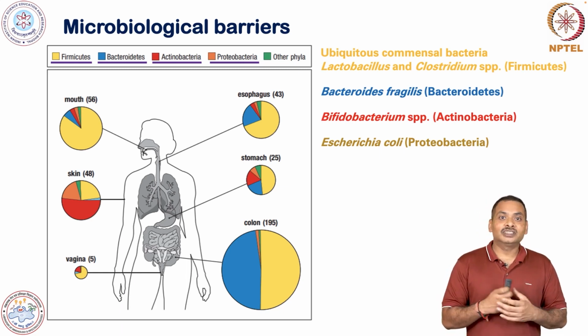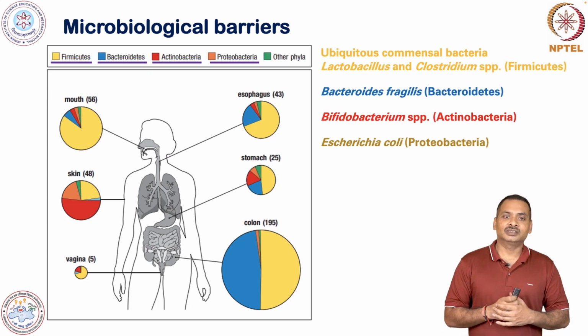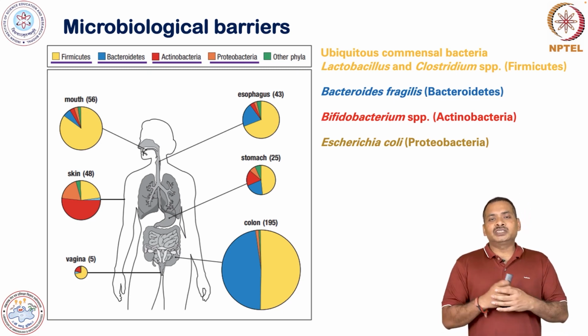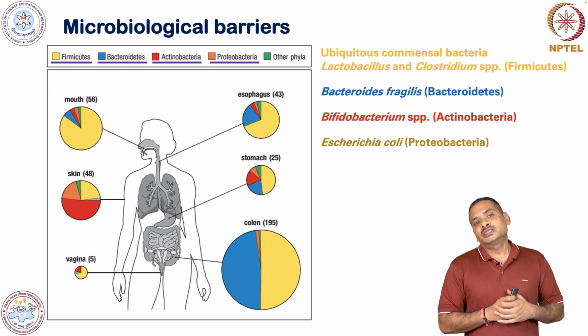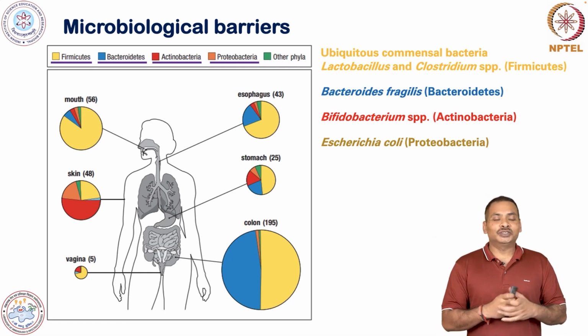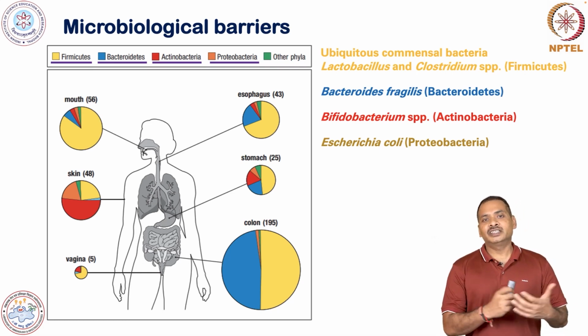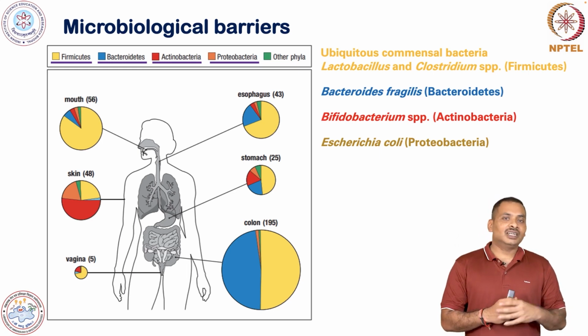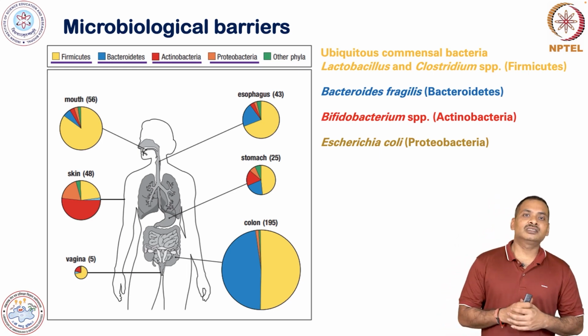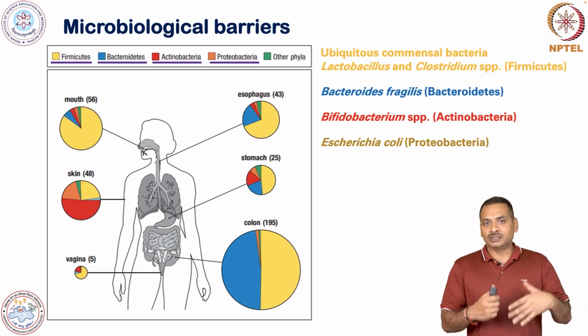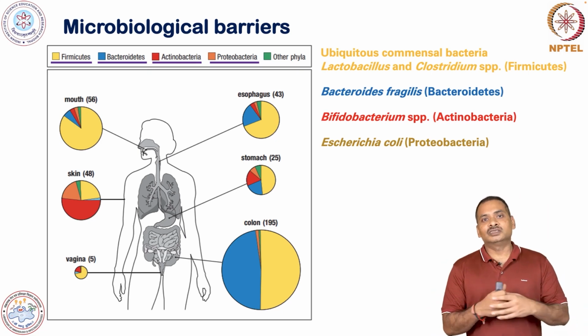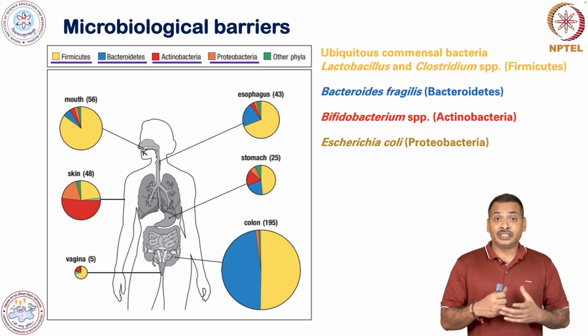It's very interesting that E. coli is present in our body. These are commensal bacteria, and if they are disturbed by taking antibiotics, that will disturb the whole gut system. That's why doctors prescribe probiotics along with antibiotics.